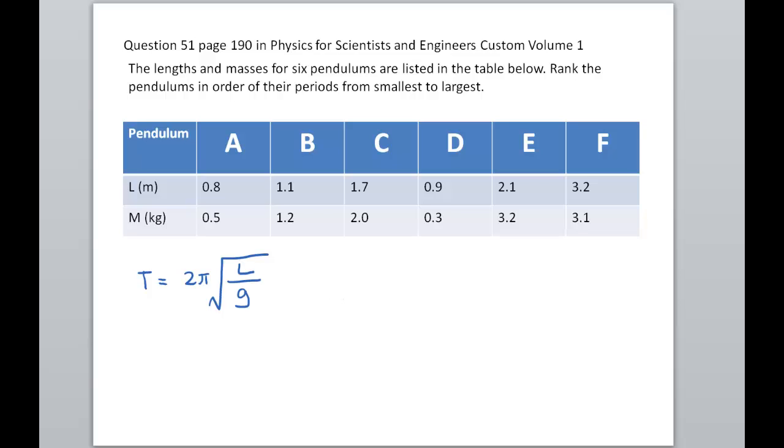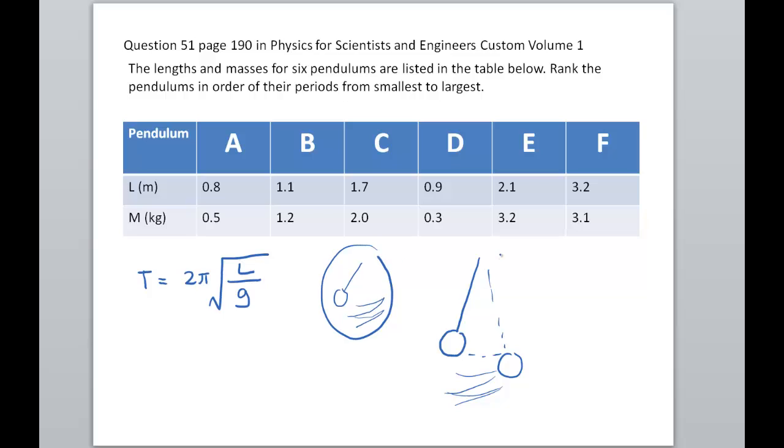So if you have a mass on a short string, like so, and you oscillate it back and forth, compared to a mass on a longer string that you also oscillate back and forth, this one would oscillate much faster than this one.